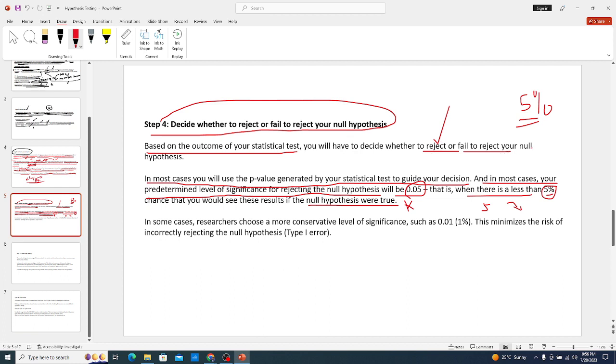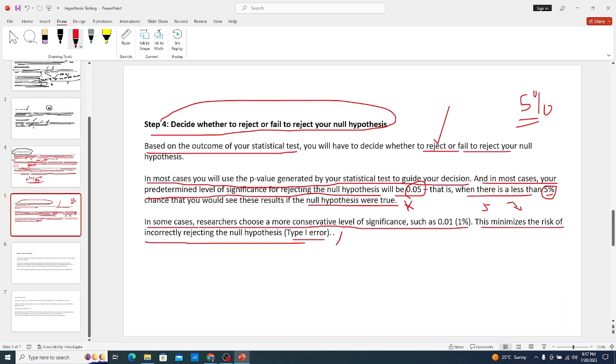Okay, so in some cases researchers choose a more conservative level of significance, which minimizes the risk of committing a Type 1 error.